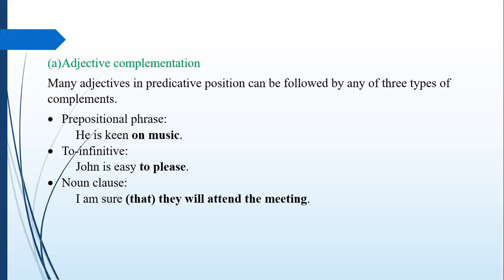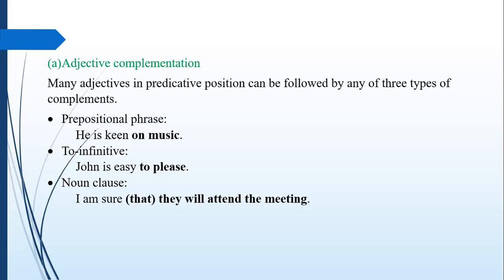I am sure they will attend the meeting. So this is a noun clause, and it has been used as a complement for the adjective sure here. Another example could be, I am uncertain if Mary will come to the party.